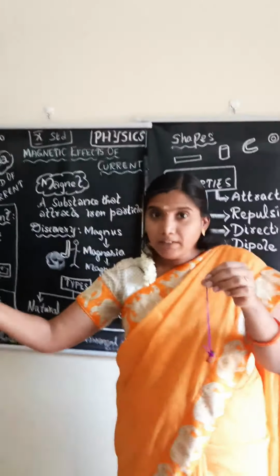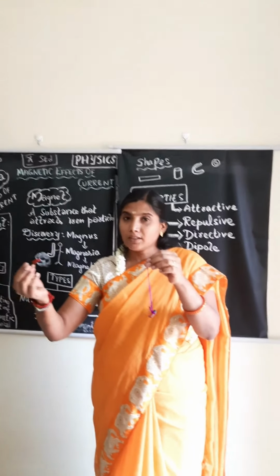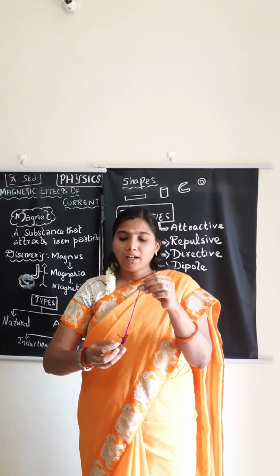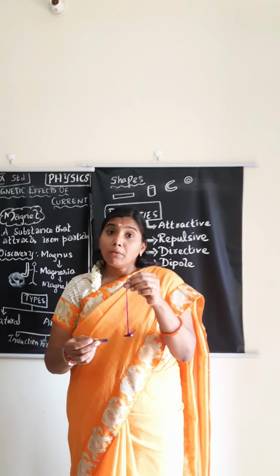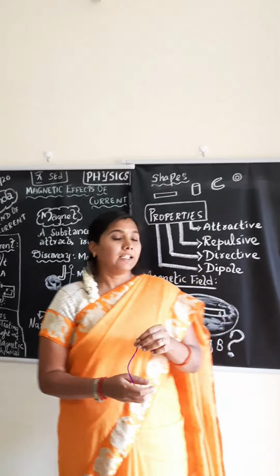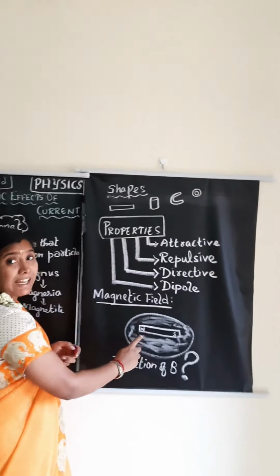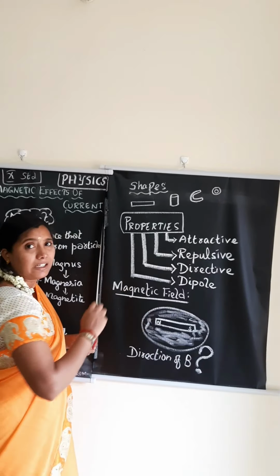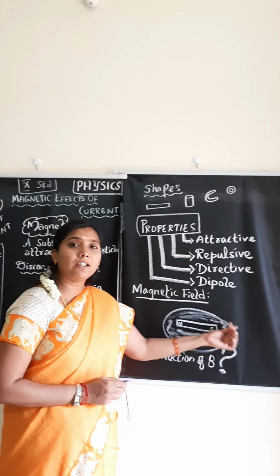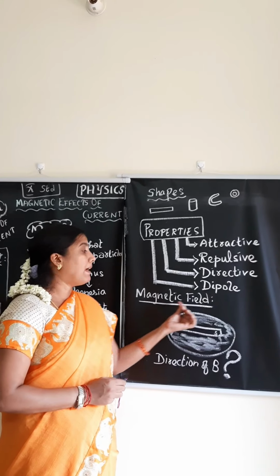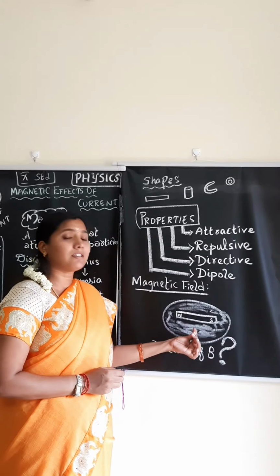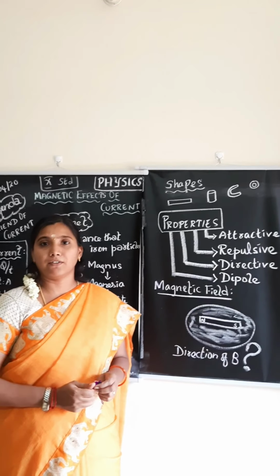So only when I'm bringing this magnet closer to it, it is able to attract or it is able to repel. Why? Yes. The magnetic field will act only around a particular direction. The space around the magnet where its field is felt is called as a magnetic field. Or space around the magnet where its attraction is felt is called as a magnetic field.